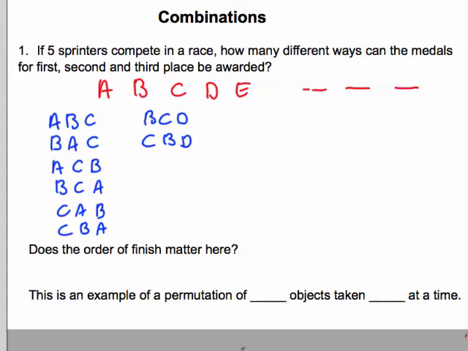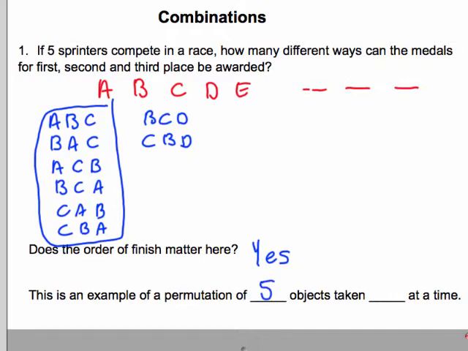So these are all the same 3 people, but they are coming in in different orders, first, second, and third. So in this situation, the order matters, and that, of course, is what we call a permutation, as we've talked about. This is an example of a permutation of 5 objects taken 3 at a time.